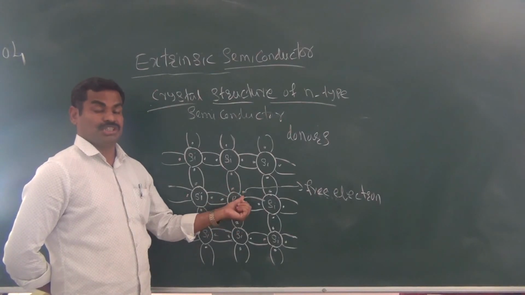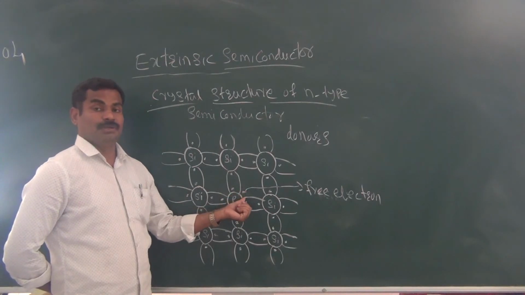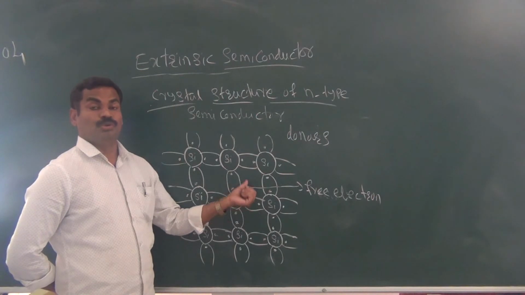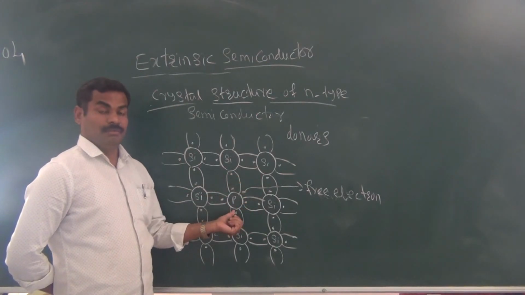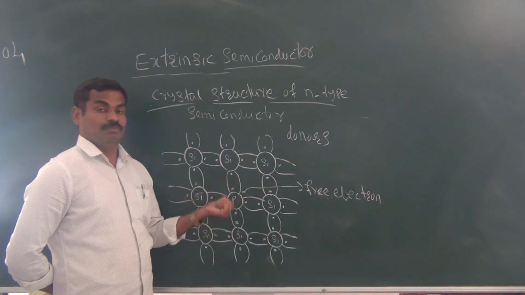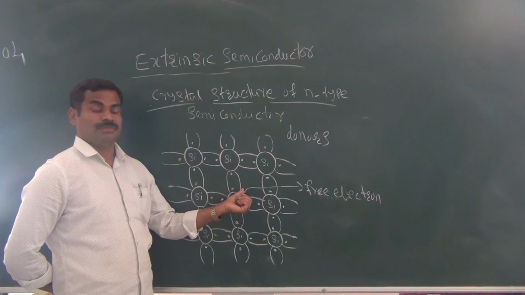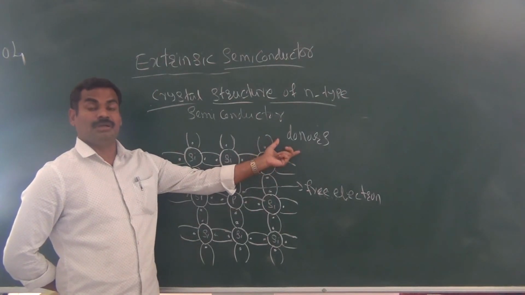This one extra electron is free from the covalent bond and can move very easily towards the conduction band. Whenever you add pentavalent impurities to a pure semiconductor, more electrons are generated. That's why they are also called donors: they donate one electron to the conduction band.